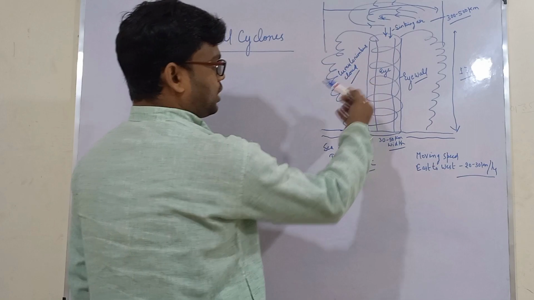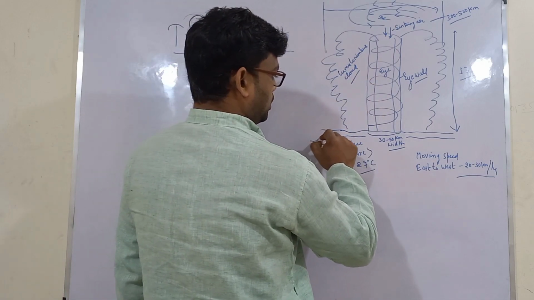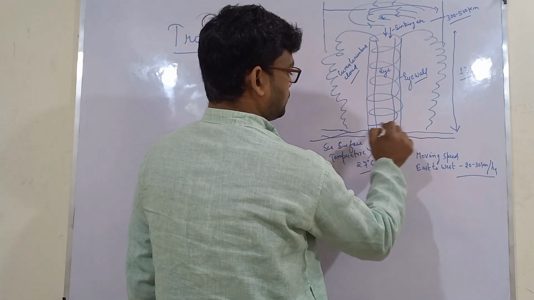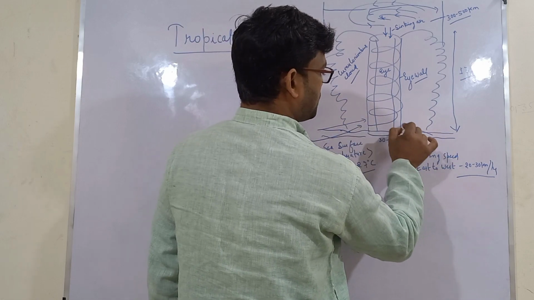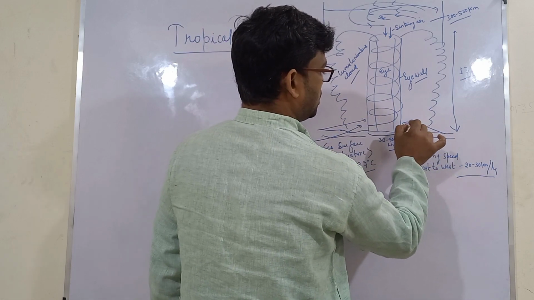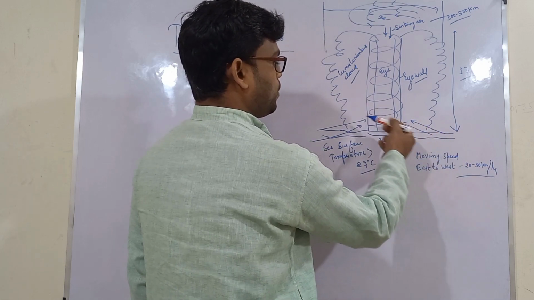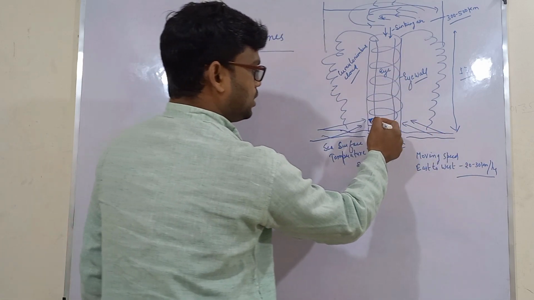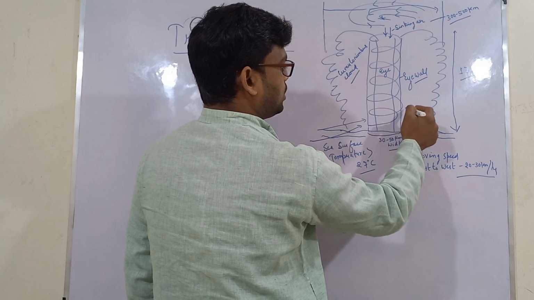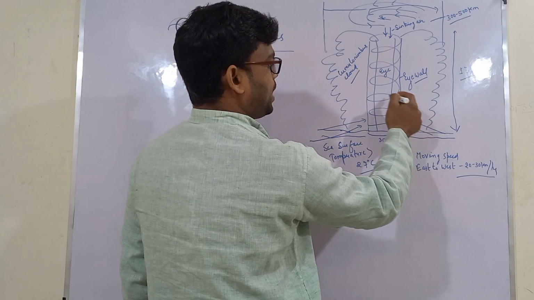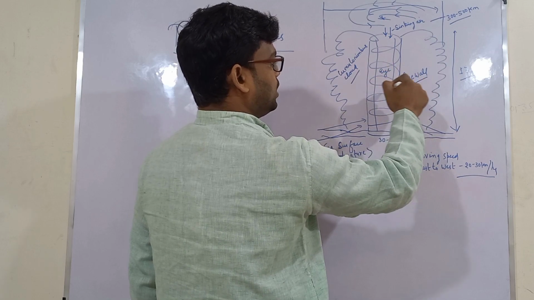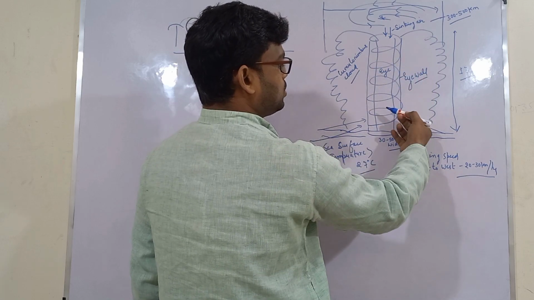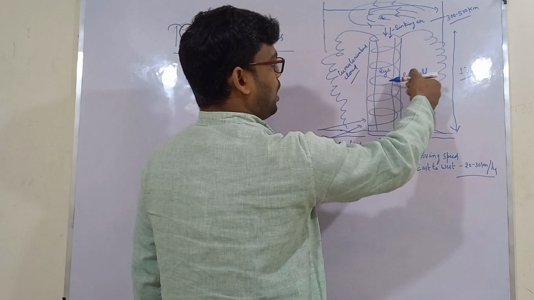Now see what happens. This is a low pressure region. Air from all sides, from the nearby high pressure regions, moves toward this low pressure region, and then this air gets converted. We have already studied that under the impact of Coriolis force it gets converted into a swirling column of air, and this warm air tries to move upward.